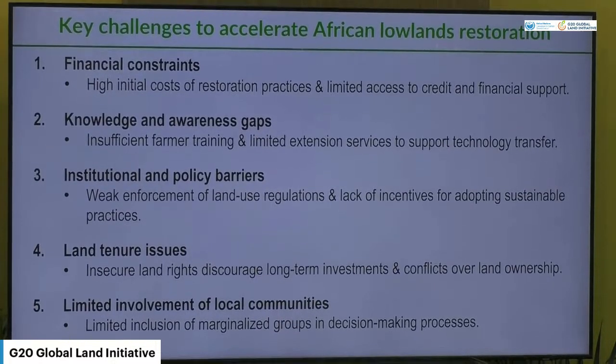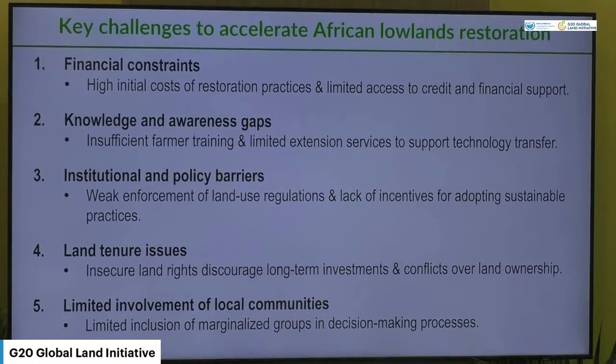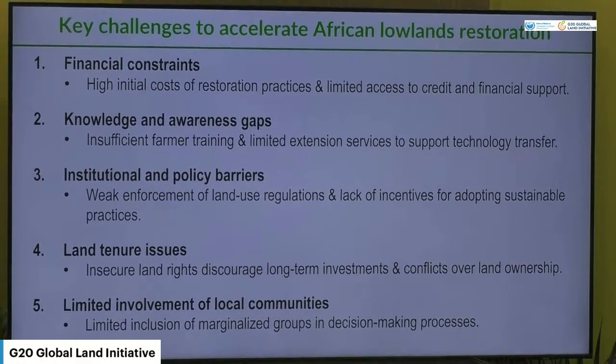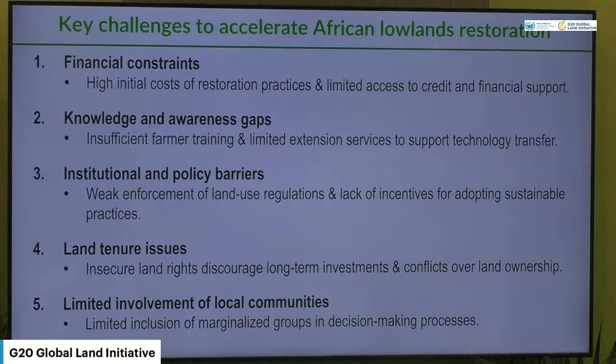Land tenure issues are also a major challenge, discouraging long-term investment, along with limited involvement of local communities. Most of the time, lowland restoration practices are implemented without taking care of the objectives of the local communities, without involving them very well in the design and implementation. This is also one of the challenges.